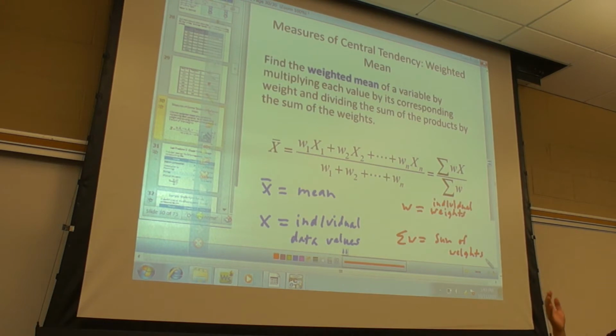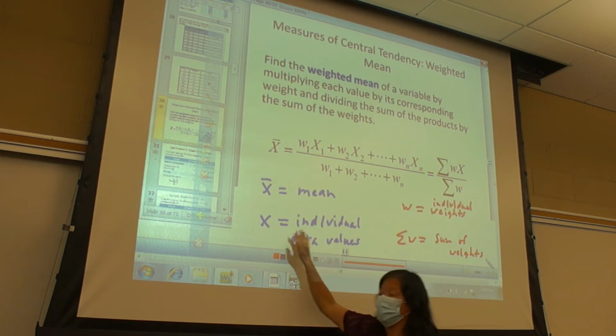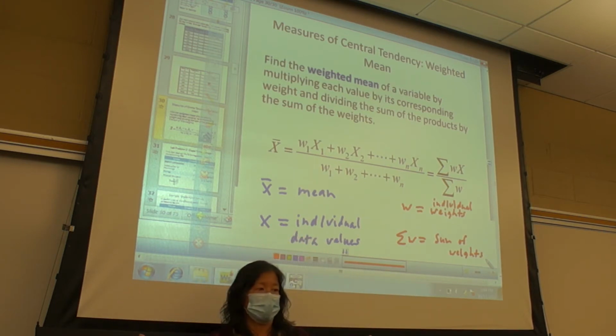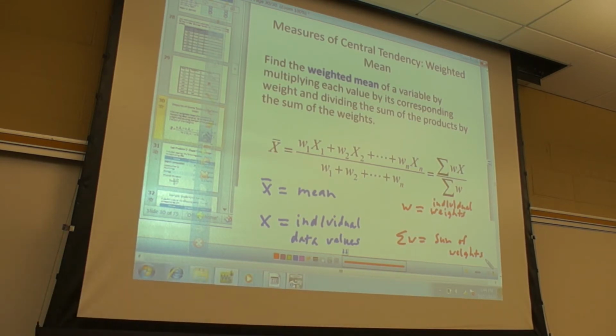Like in this case, what varies during the course of the month? The temperature of the water. So the temperatures are the things that vary. Those are your X's. Those are not the things you're dividing by. You're dividing by the other things. The other things are the weights. And we'll see another example of that in a little bit.